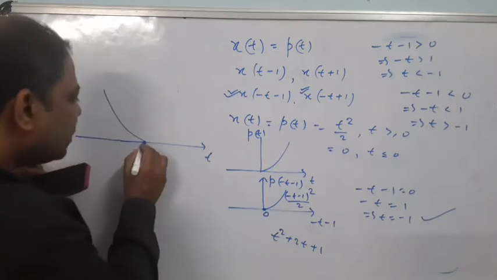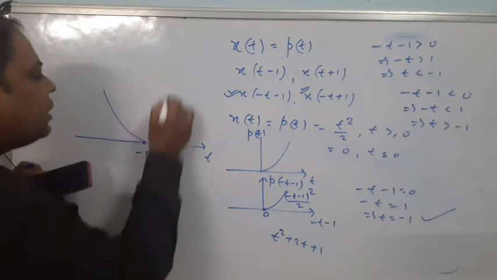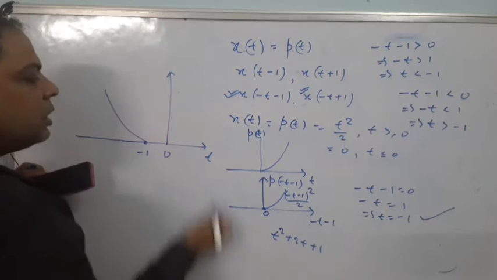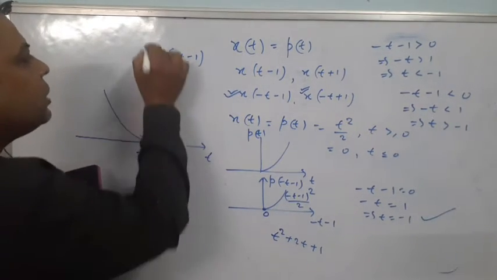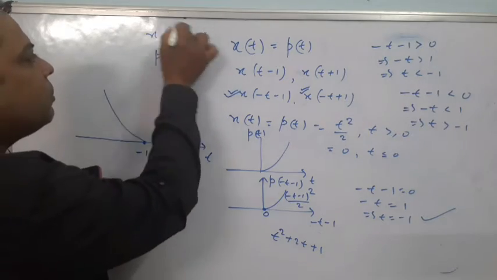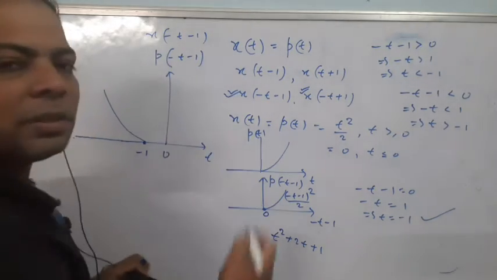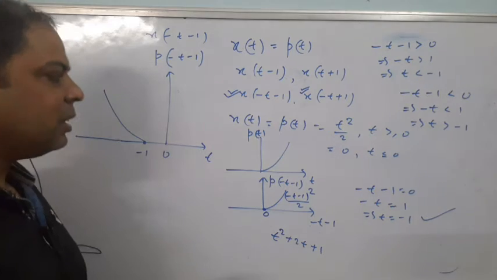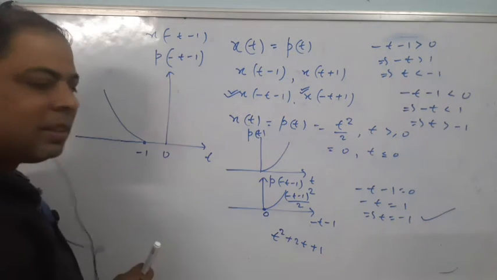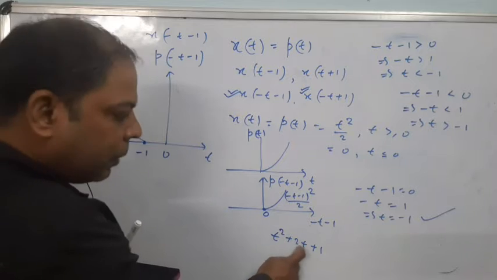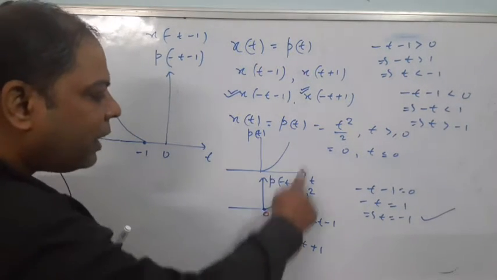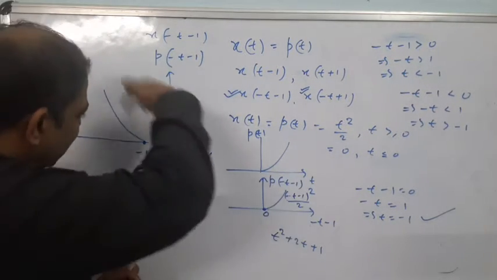For t greater than -1, 0. So if this is -1, definitely this is the origin, 0. So this is your p of -t-1, which is equal to x of -t-1, the same. So this is the plot. Try to understand how the equation changes, just mark. For t less than -1, that means t is negative here. If t is negative, then the same curve will not be found here. This curve will change, reverse.